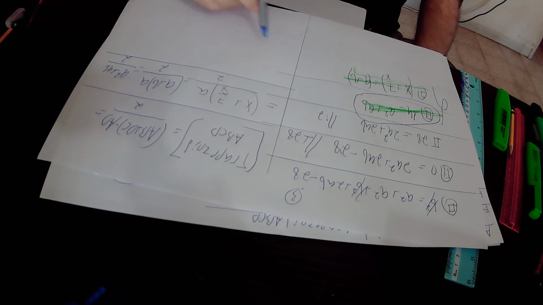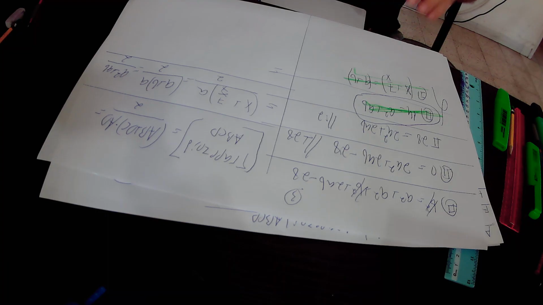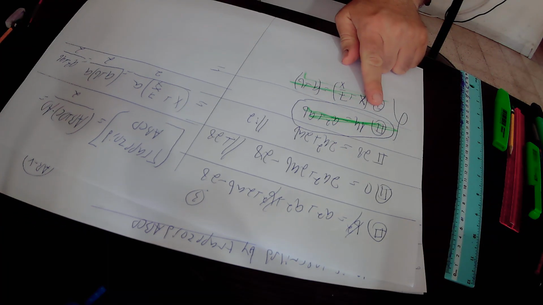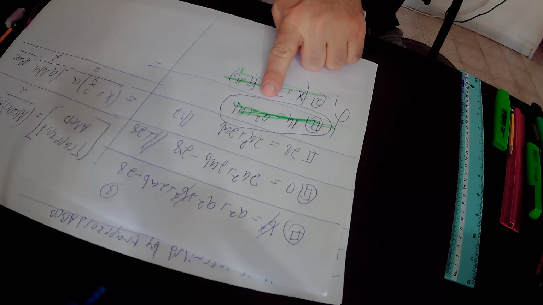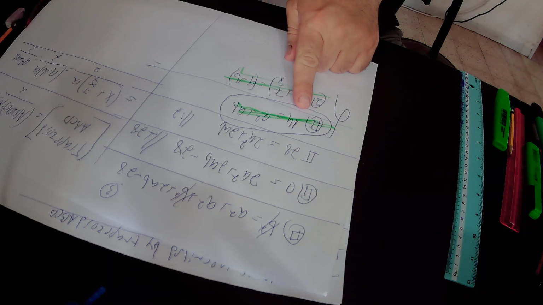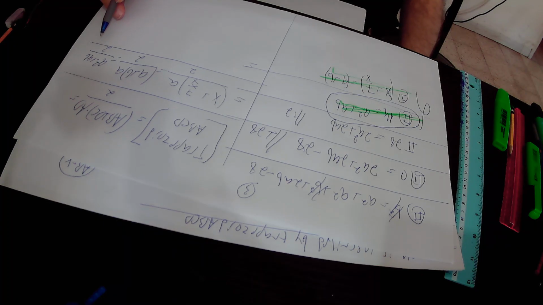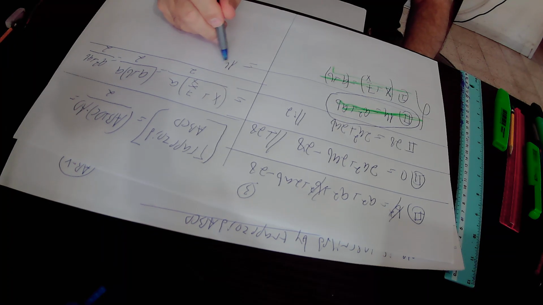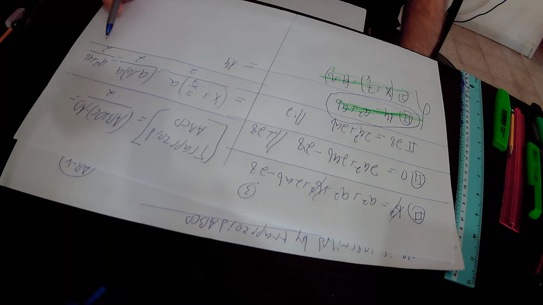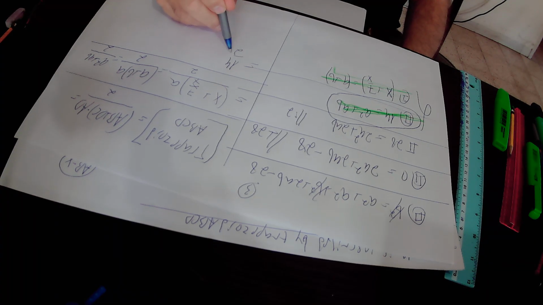But a squared plus ab, according to equation 2, equals 14. Therefore, we can substitute a squared plus ab in this expression by 14. We will do it now. So in total, this expression equals 14 over 2. That is 7.